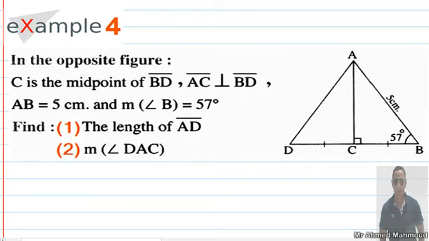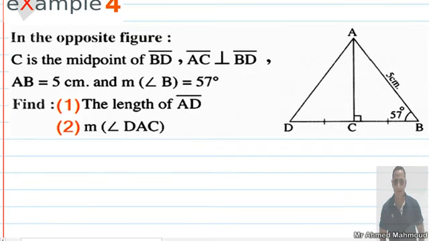Here in example 4, in the opposite figure, C is a midpoint of BD. That means BC equals CD. That's clear in the figure. And AC is perpendicular to BD. That means here we have a right angle and here also a right angle. Okay, it's clear that the two triangles are congruent.